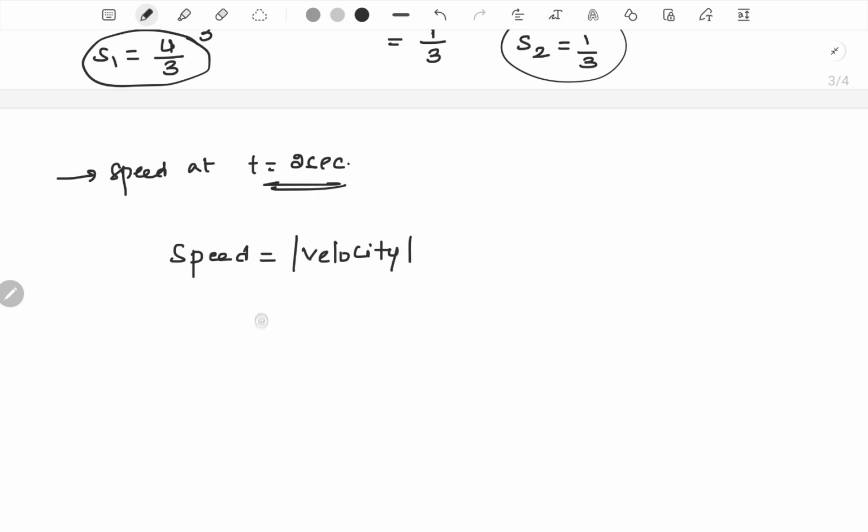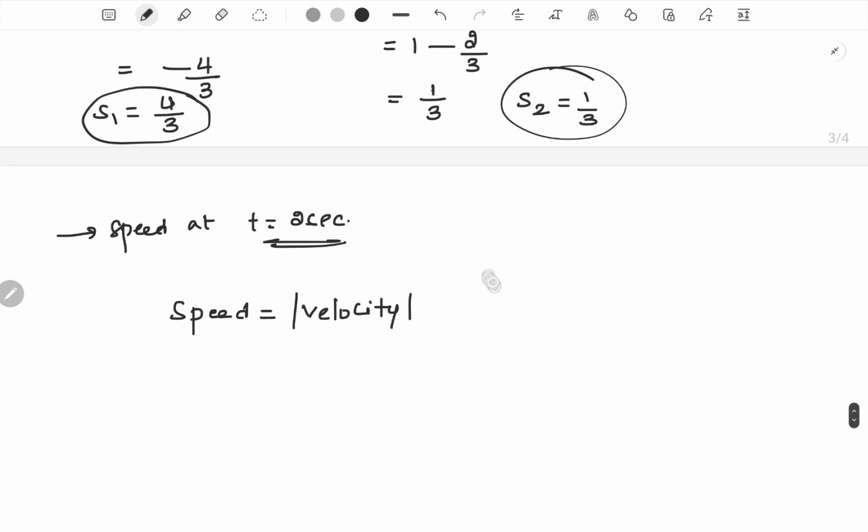We already got the velocity as 6t minus 4. So what would be the velocity at t is equal to 2? 6 into 2 minus 4, 12 minus 4, which is equal to 8. So the speed at t is equal to 2 seconds would be 8 meter per second.